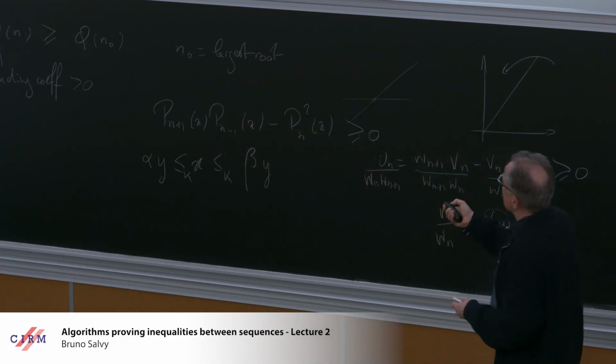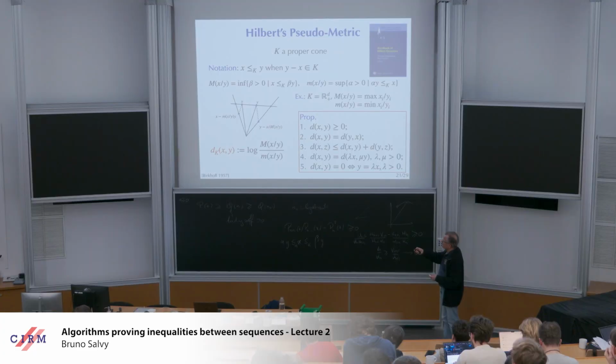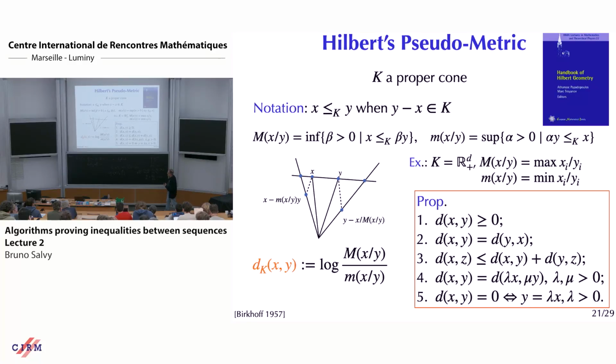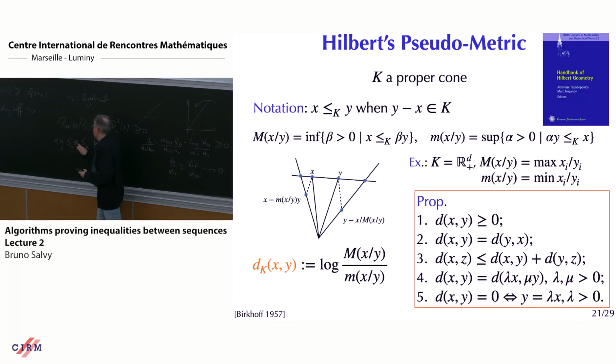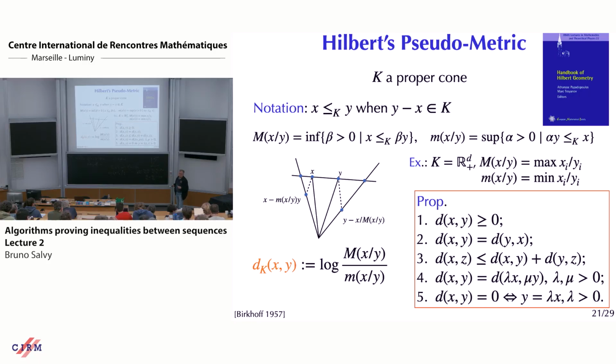So for this to be 0, capital M should be equal to small m. So alpha should be equal to beta. The sup of alpha should be equal to the inf of beta. So x is y in direction. At least this gives x equals y if we forget about the direction, but this gives the directions. So I said I wouldn't prove it, but I just gave an idea.